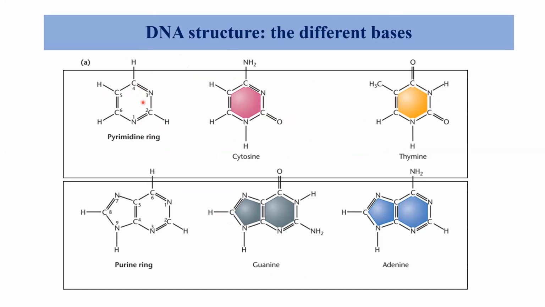And you have your guanine and adenine, which have these purine ring structures. So yeah, your pyrimidines have a single ring structure and your purines have a double ring structure.